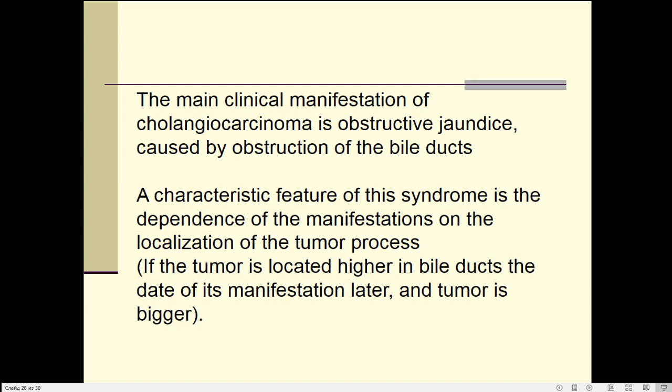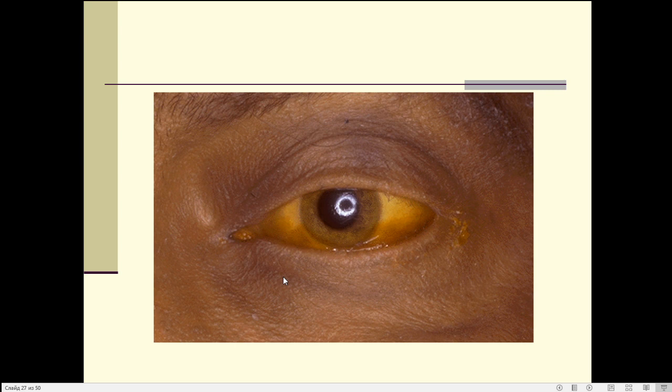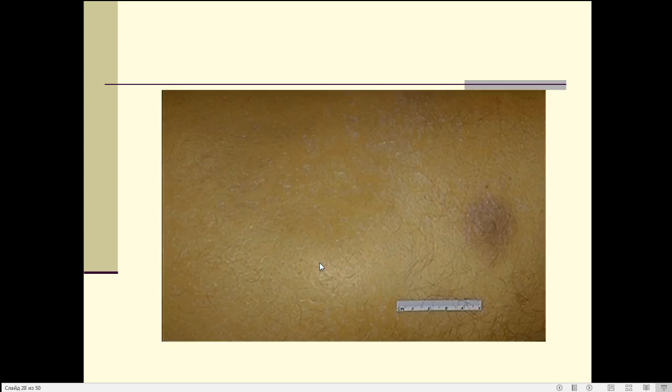If the tumor is located higher in the bile ducts, the date of its manifestation is later, and the tumor is bigger. And as we discussed before, it is important to know the level of obstruction, extra or intrahepatic. Note the patient with jaundice.